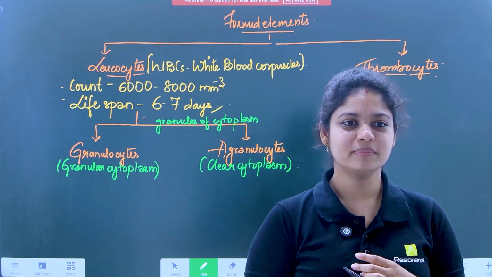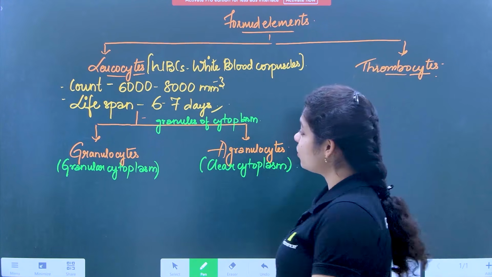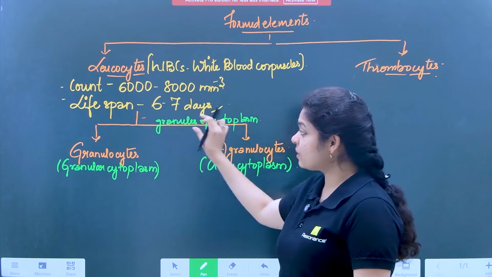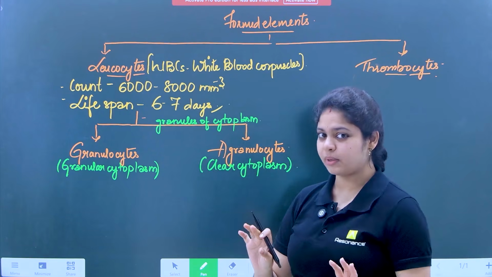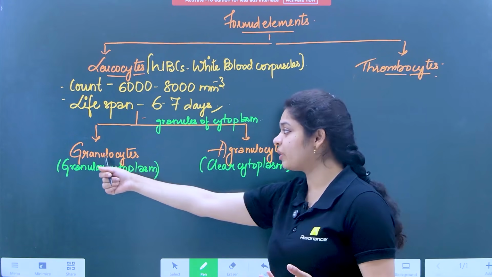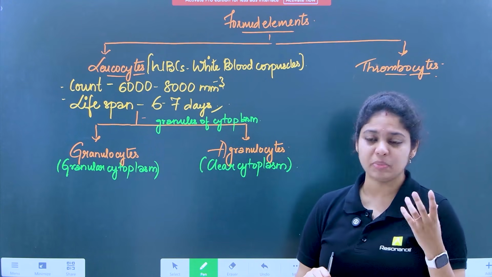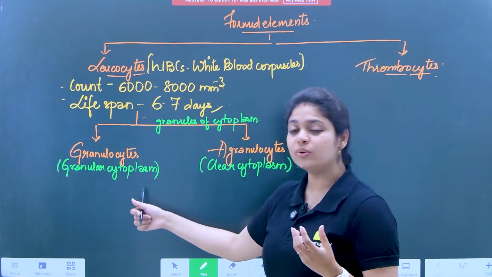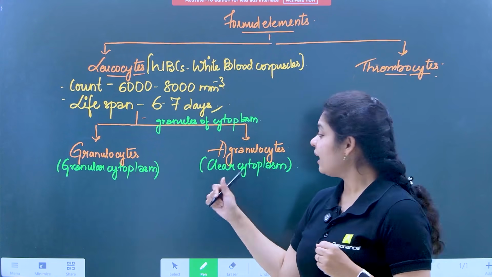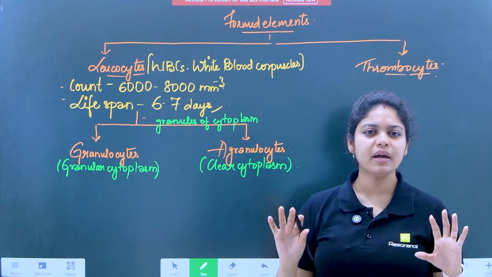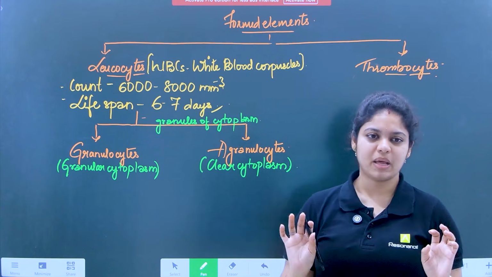Okay. So, leukocytes on the basis of granules of cytoplasm can be divided into granulocytes and agranulocytes. Granulocytes means they are having granular cytoplasm. Agranulocytes means they are having clear cytoplasm.